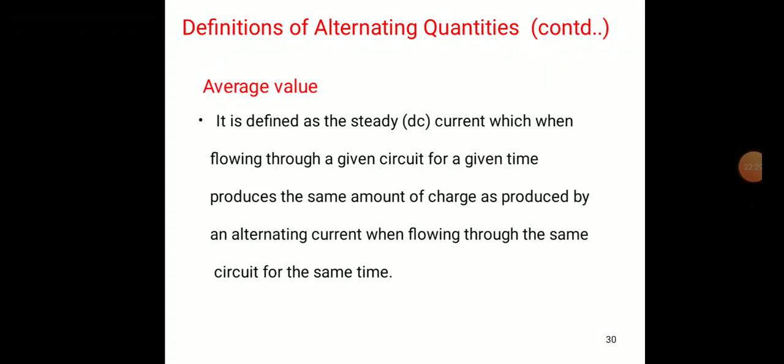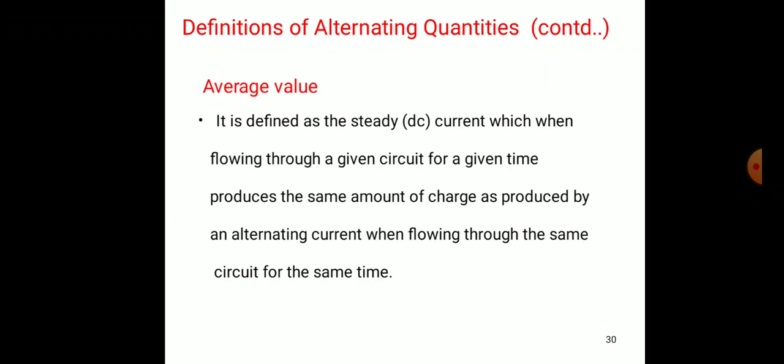The another one is average value, which we already discussed. Already we discussed the mathematical representation for an alternating quantity. If it is an electrical quantity, what is the meaning of average value?